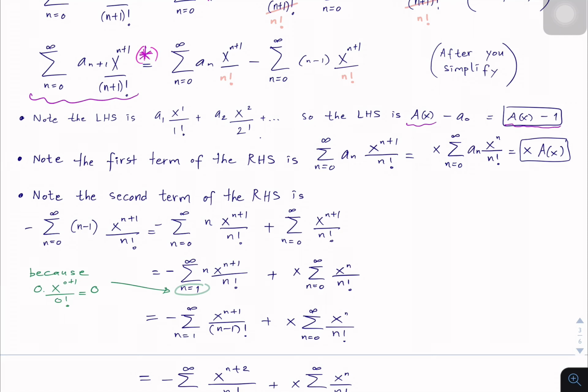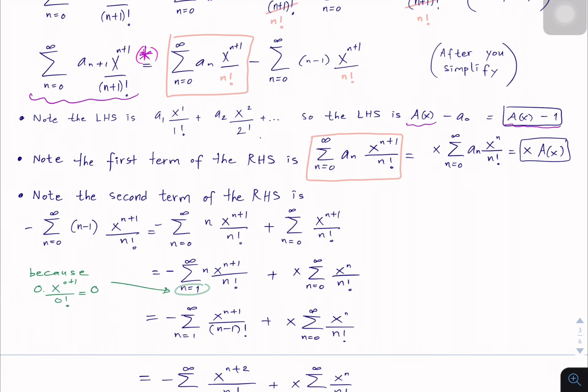Now the first term of the right-hand side is this one. I'll just take out the x to match the indices, and that will give me x times capital A.